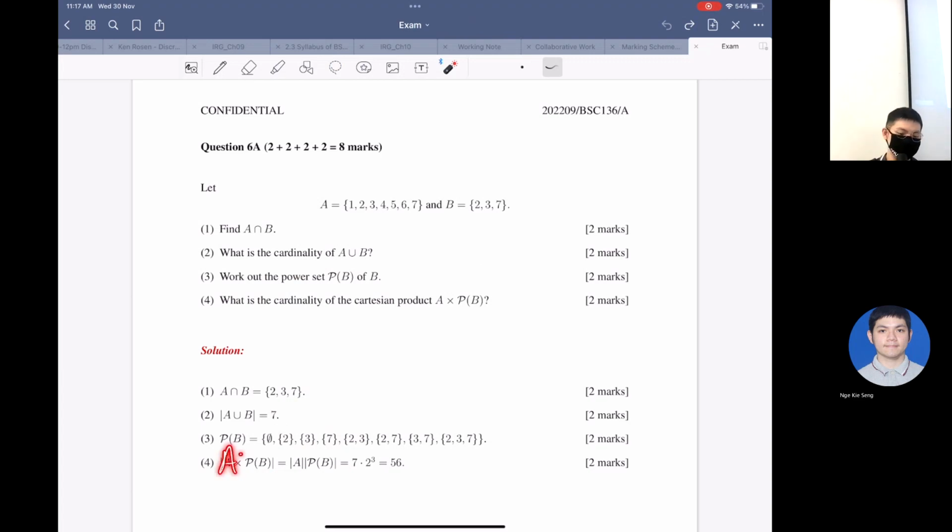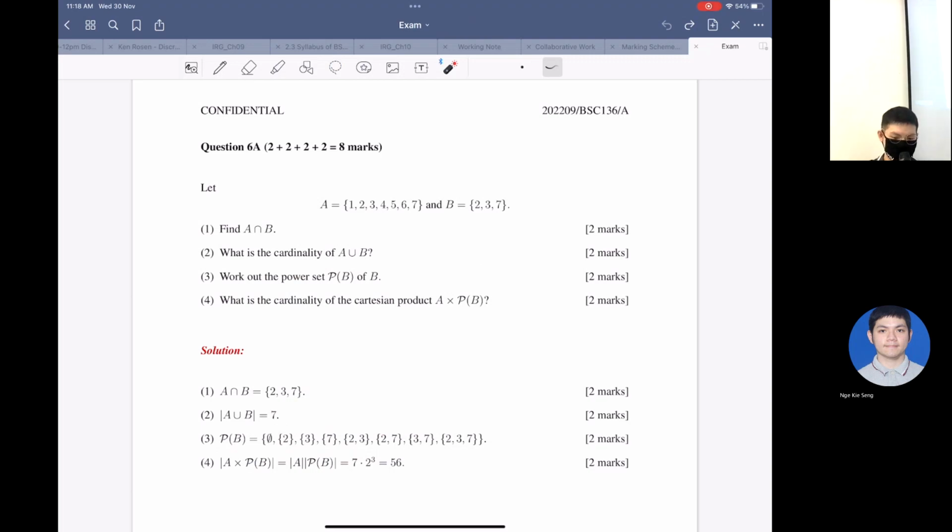So what is the Cartesian product? You need to take all the elements in A and then pair them with elements in the power set of B. If you do that, it's just a multiplication. After you learn counting, this one should be more obvious.